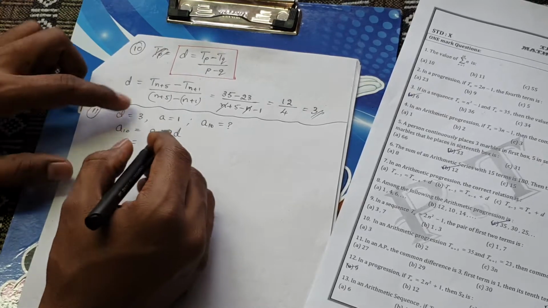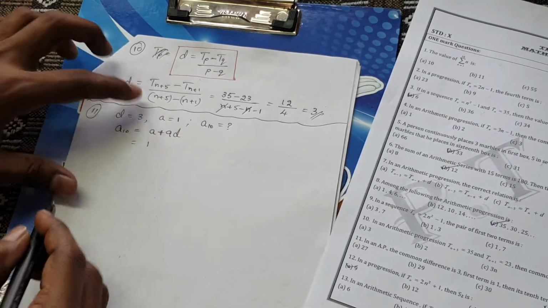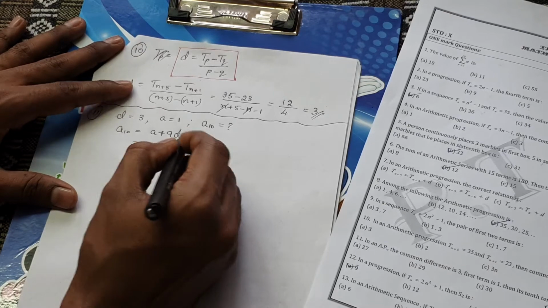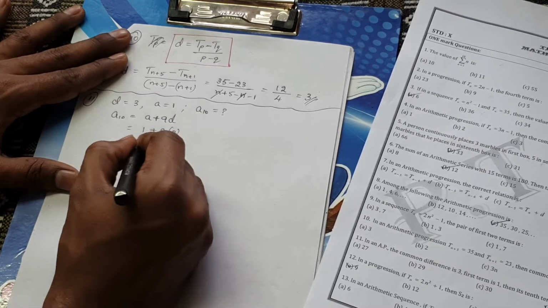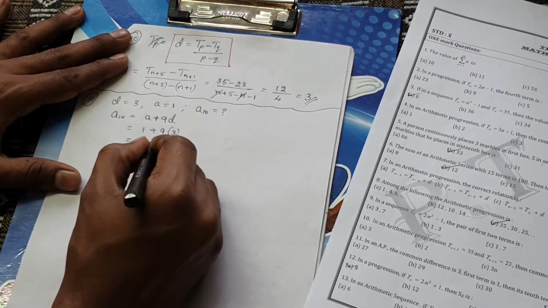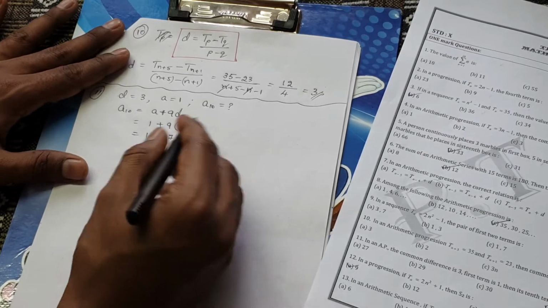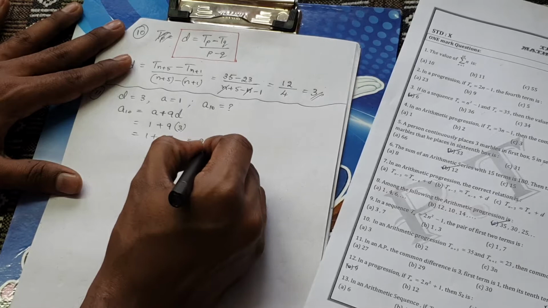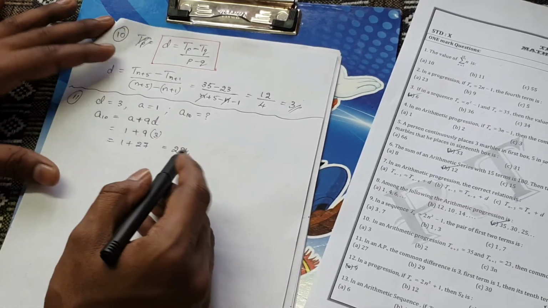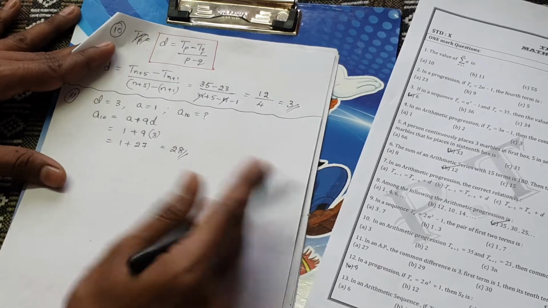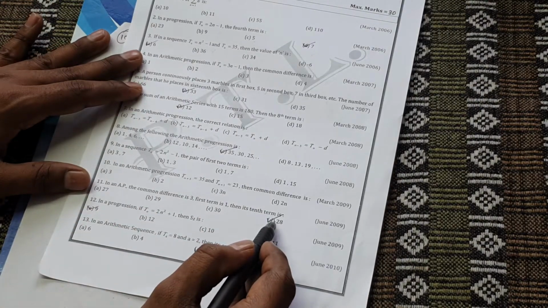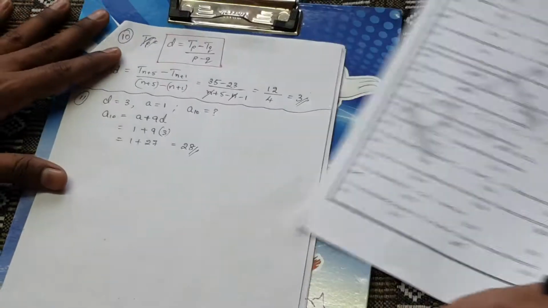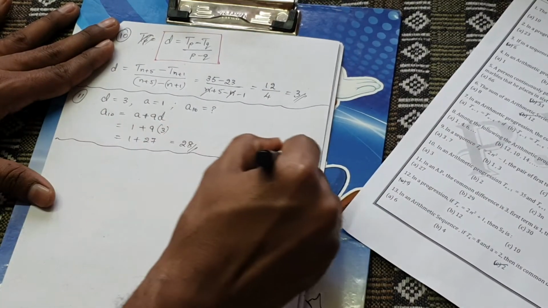So put the value of a, which is 1, plus 9 into the value of d, which is 3. So this is nothing but 1 plus 9 3s are 27. So what is 27 plus 1? It's 28. So the 10th term of the given arithmetic progression is 28, and the option is given. So that will conclude the 11th question.